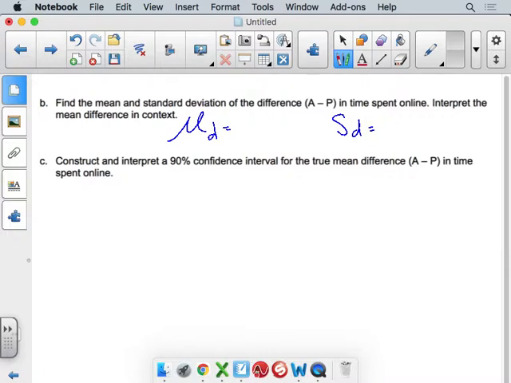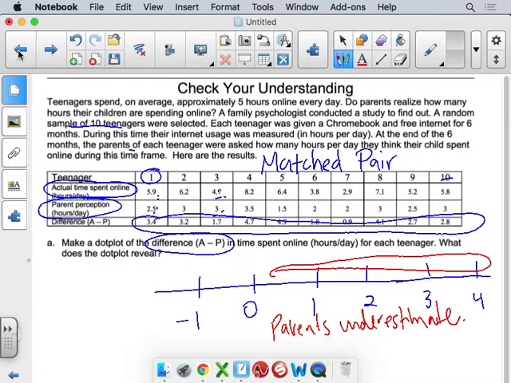Okay, so maybe let me go back. When it's a matched pairs, what we're gonna do is a one sample test for this. It's not gonna be two sample. We're just gonna do the test on the difference between the two.